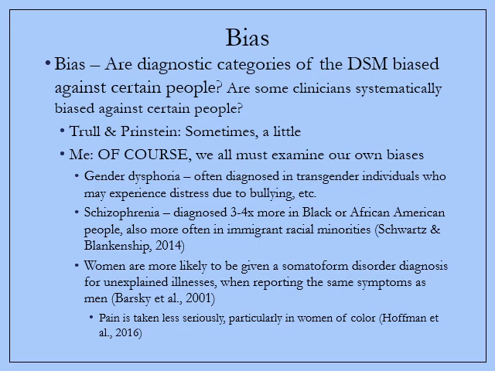As well, we know from research that schizophrenia is diagnosed way more often in people who are Black or African American, and also diagnosed more often in immigrant racial minority groups. Some of this may be explained by the more disadvantaged status of people who are Black, the stress of racial discrimination and systematic oppression.